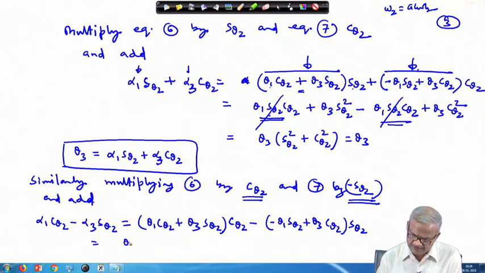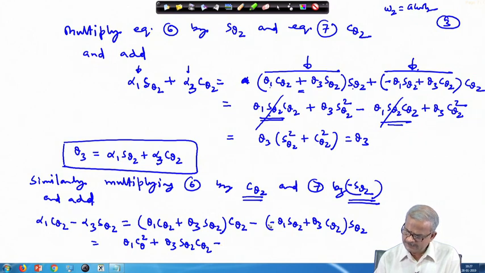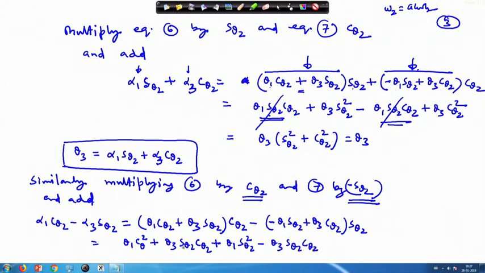Expanding this yields theta 1 c theta 2 square plus theta 3 s theta 2 c theta 2, minus that gets plus, so this is theta 1 times s theta 2 square, and minus theta 3 s theta 2 times c theta 2. So, this term and this term drop out, leaving us with these two terms added together.